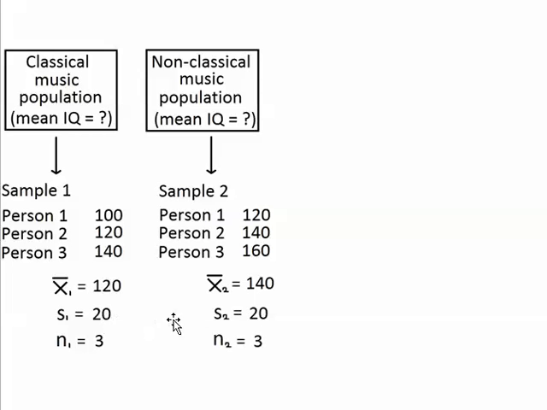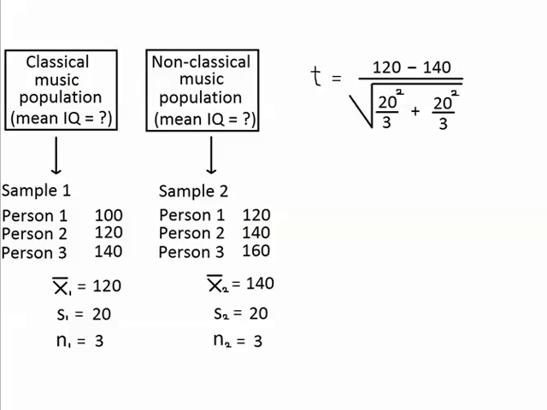I think they actually did come out to 20, but I would have to double check my work. But let's just say that they did come out to 20 and 20. The 2 sample sizes are 3 and 3 because I have 3 people here and 3 people here. That's where these sample sizes come from. These 6 numbers will go into the t-score formula to get our t-score.